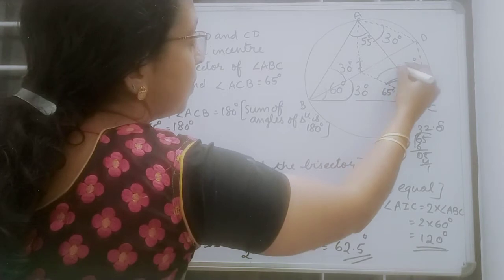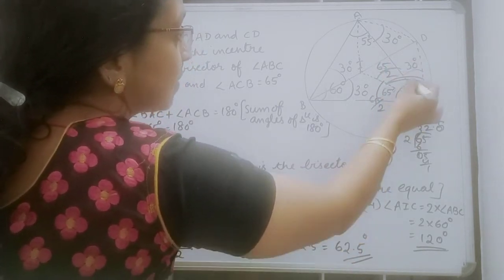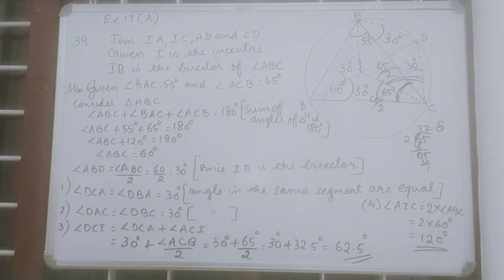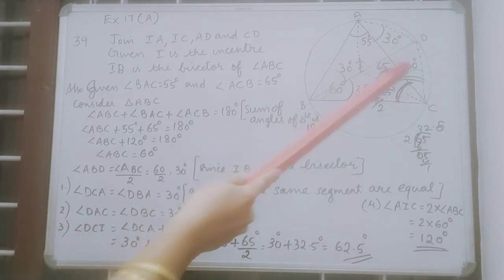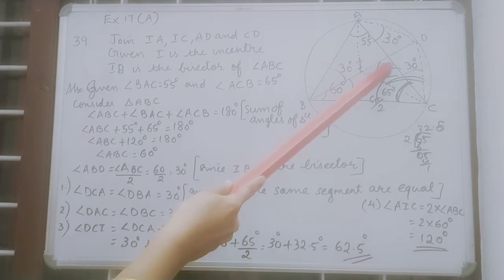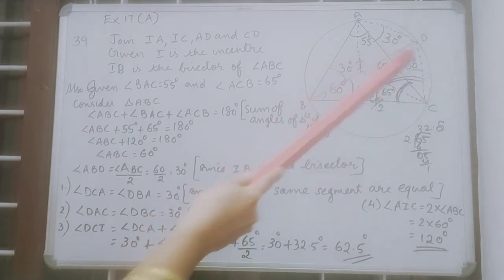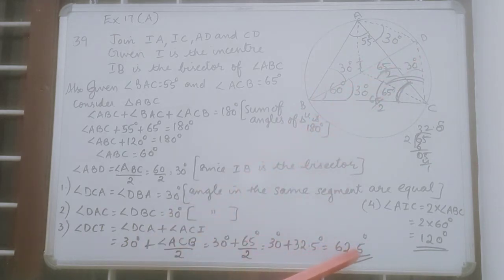This angle will be 65 by 2 and this angle also 65 by 2. So angle DCI is 30 plus 32.5, which is equal to 62.5. That is the third part.